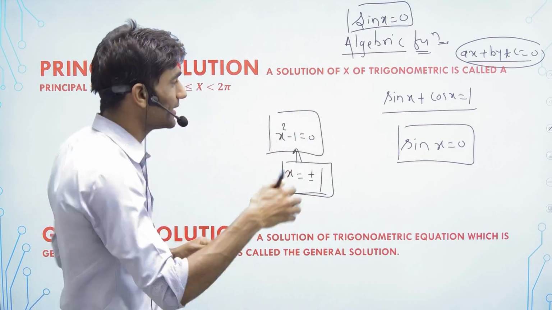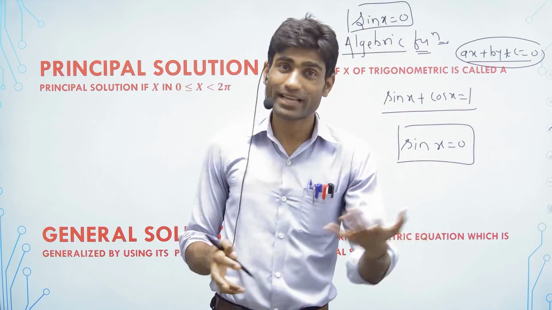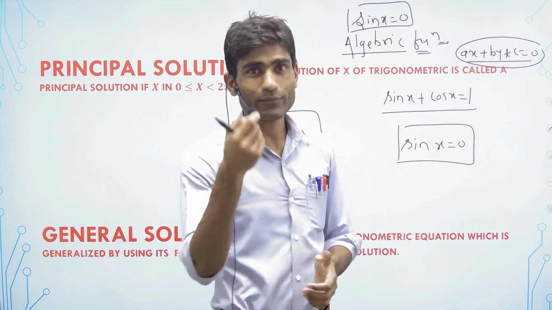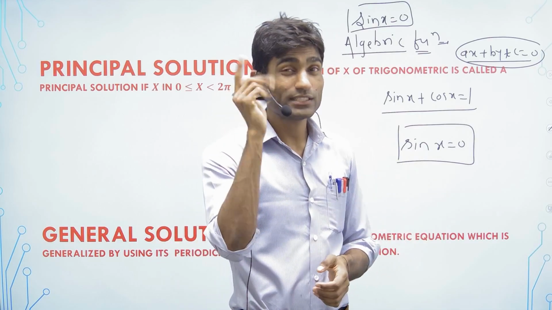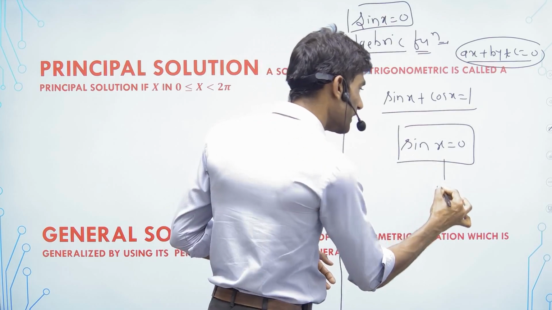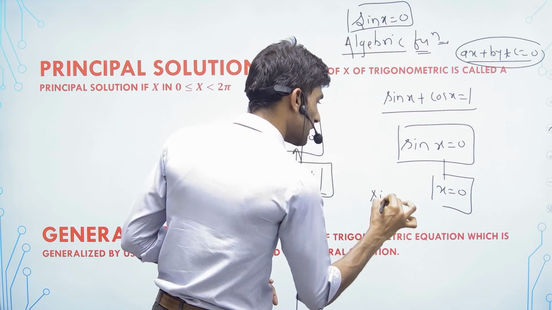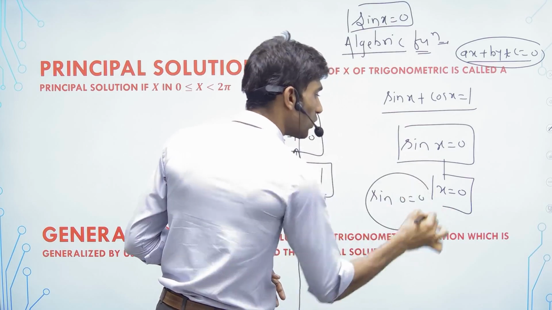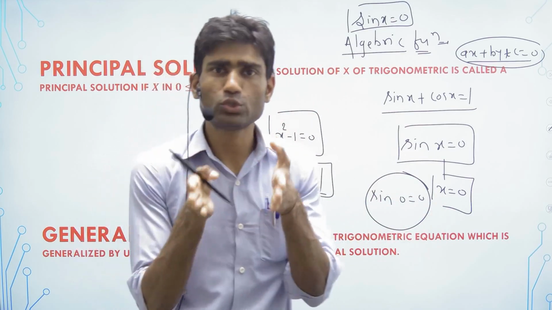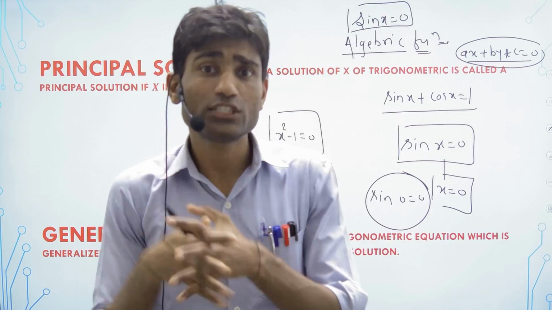For what value does sine go to 0? If I consider x equal to 0, then sin 0 is equal to 0. If I substitute x as 0, we get sin 0 equal to 0.